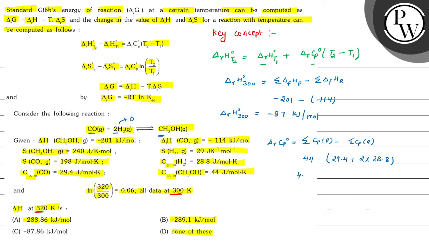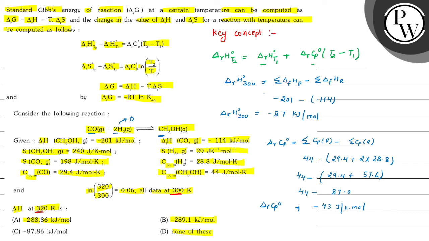So 44 minus (29.4 plus 57.6), which is 44 minus 87, comes out to be −43 joule per Kelvin per mole. This is the value of ΔCp naught.